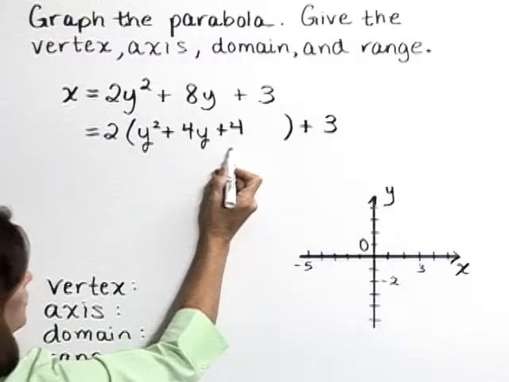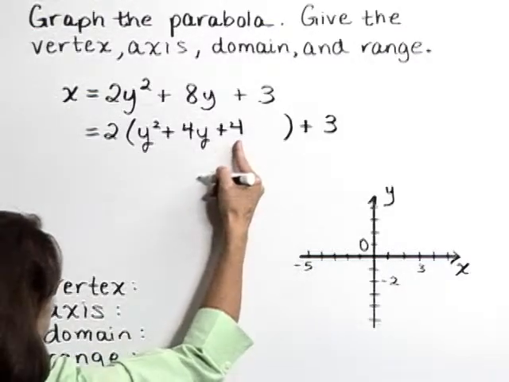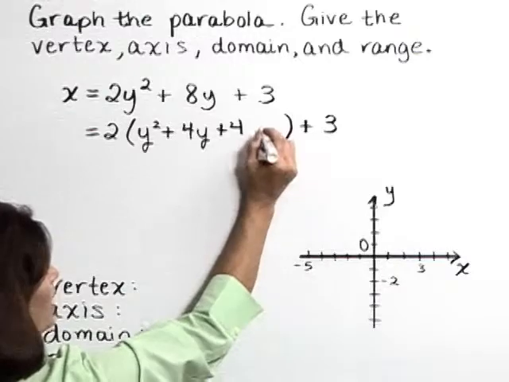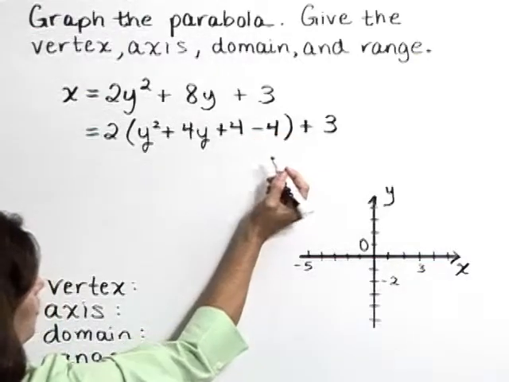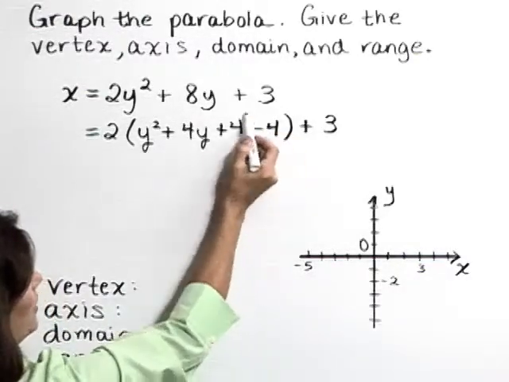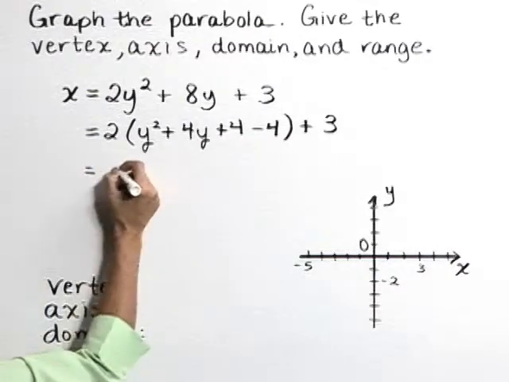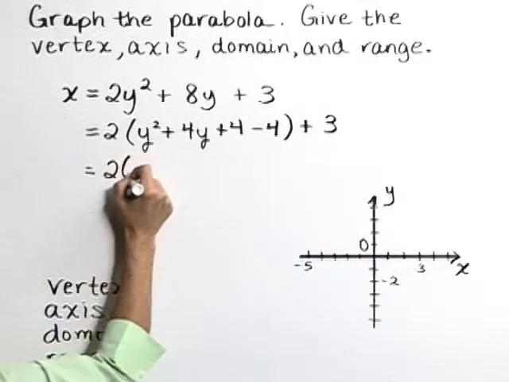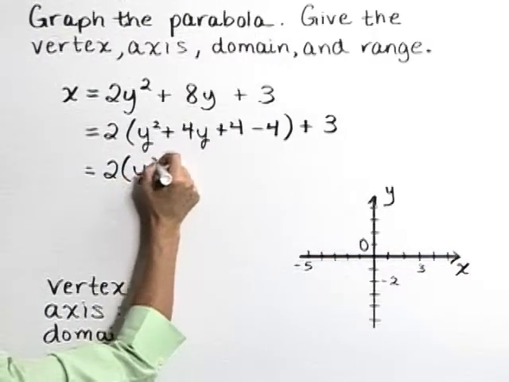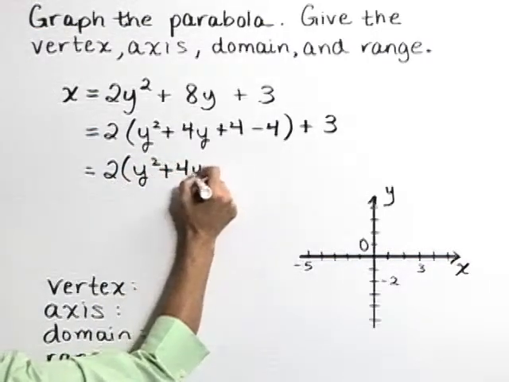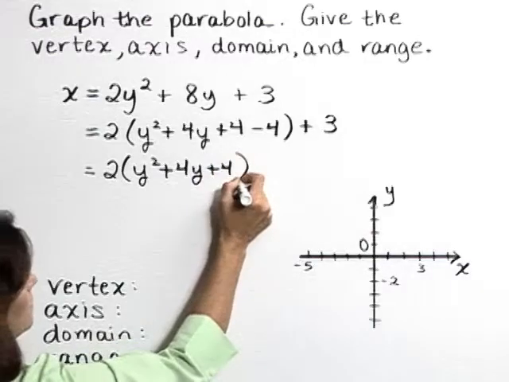We need a plus 4 in here to create a perfect square trinomial. I'm going to balance out the fact that I've put plus 4 in there on the same side with a minus 4. Those counteract each other. Now, let's rewrite as 2 times y squared plus 4y plus 4.